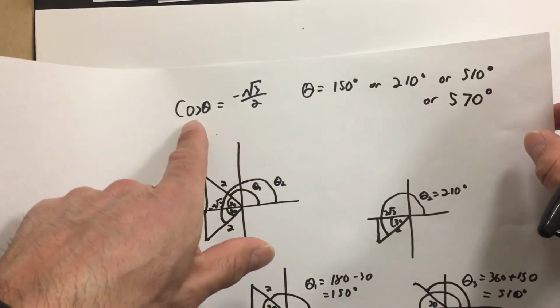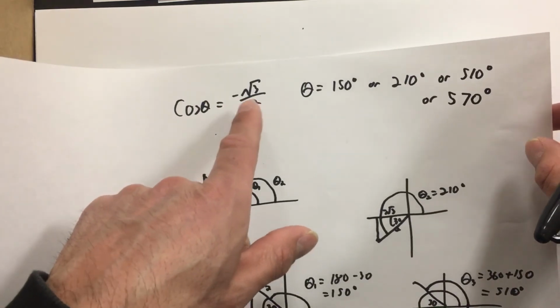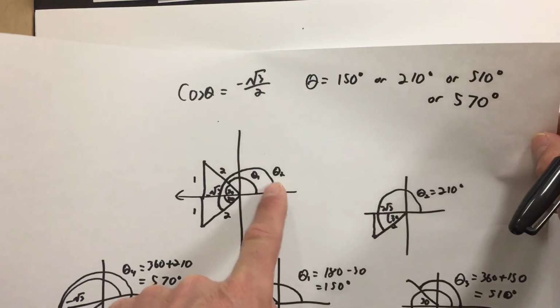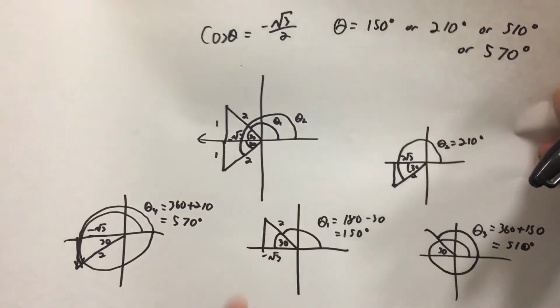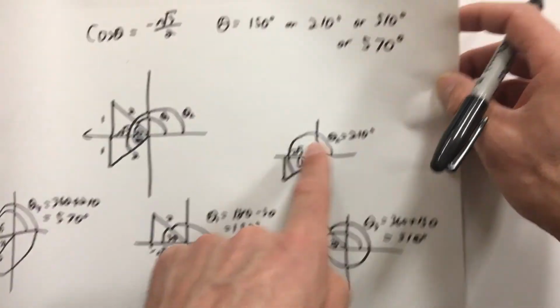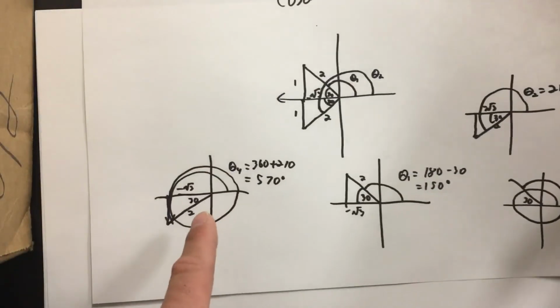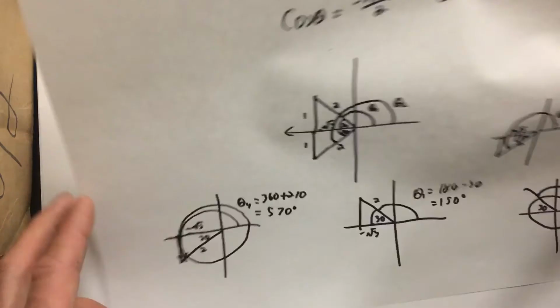Thank you. So if the cosine of theta is negative root 3 over 2, theta could be 150 degrees, which is here, or 210, or 510, or 570.